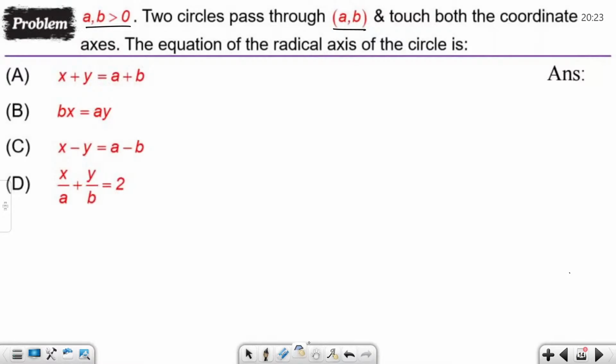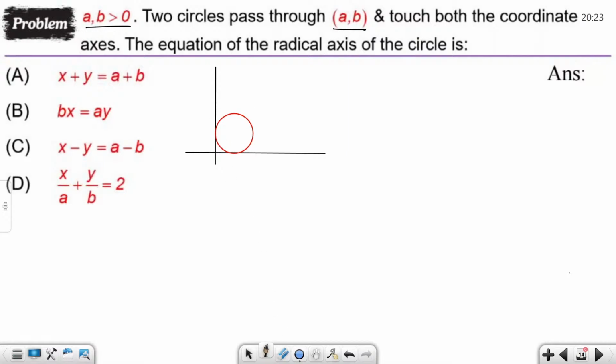Let me just draw the circles first. So this is my one circle, which is touching both the axes, and they have said that it is passing through a point, let us say the point (a, b), which is somewhere in the first quadrant.